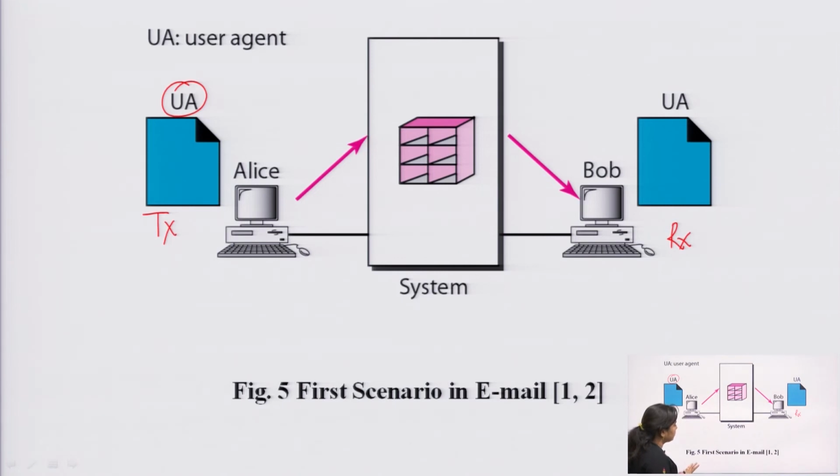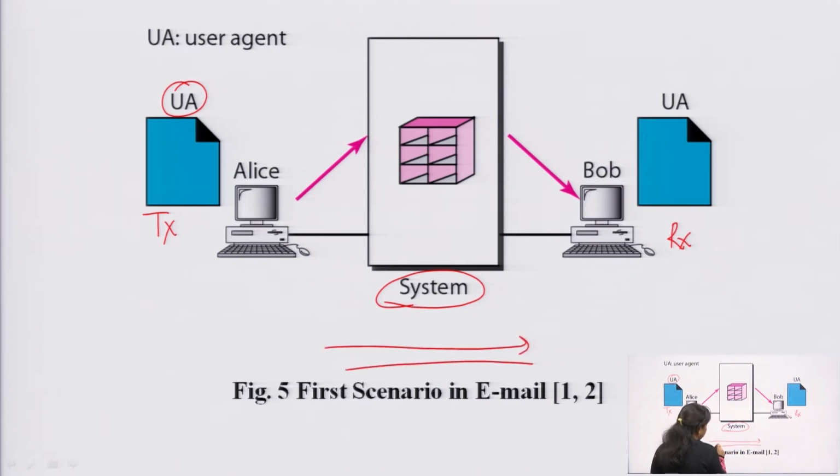Now, this system is a centralized system which will act as an intermediate node through which the information will be transmitted, and these two systems, Alice and Bob, are connected to this system independently, meaning each has access to it. Every time it is not necessarily Alice who wants to transmit data; it is also possible that Bob wants to transmit data to Alice.